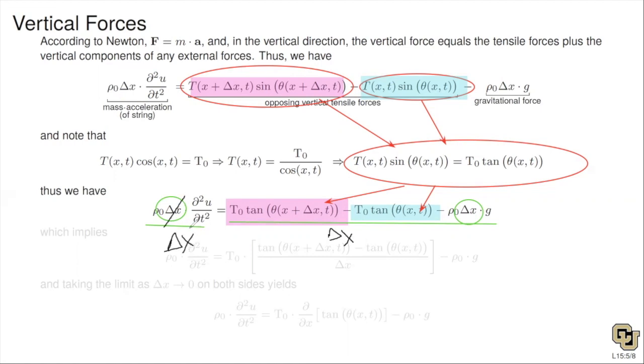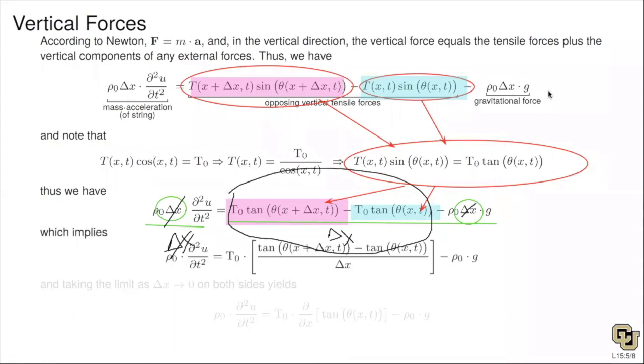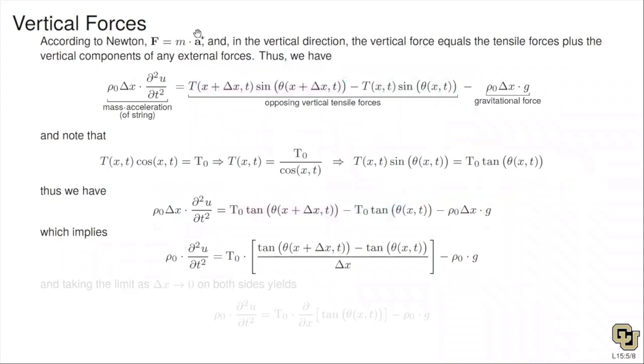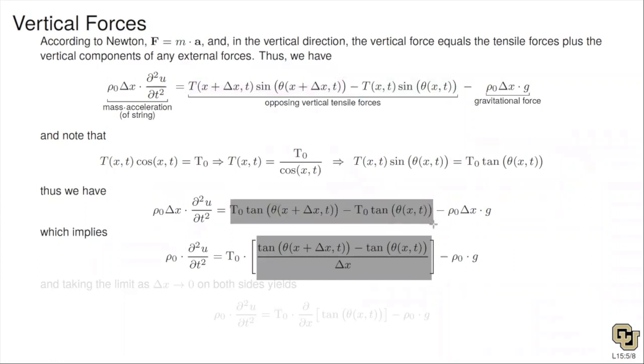This one cancels. Here, this one cancels. This term gets divided by a delta x. This term here gets divided by a delta x. This delta x canceled because we divided both sides by delta x.